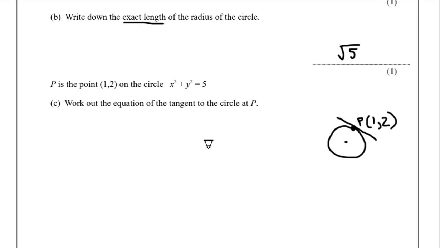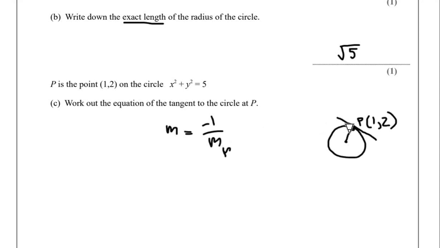Right, so we need the gradient of the tangent. So how can we find the gradient of the tangent? Now, the gradient of the tangent will be the negative reciprocal of the gradient of the radius.